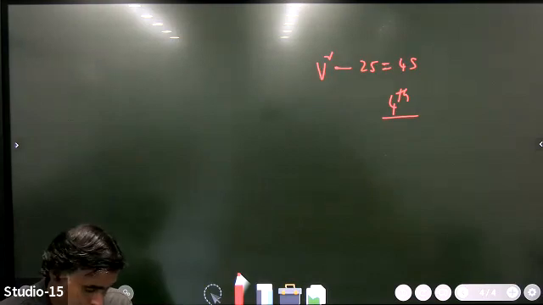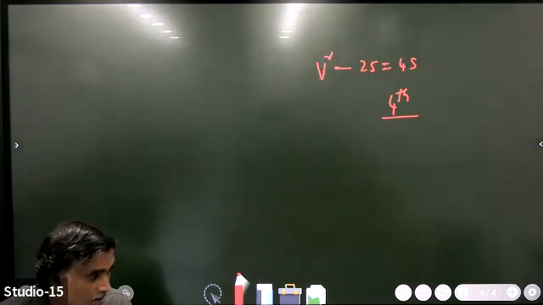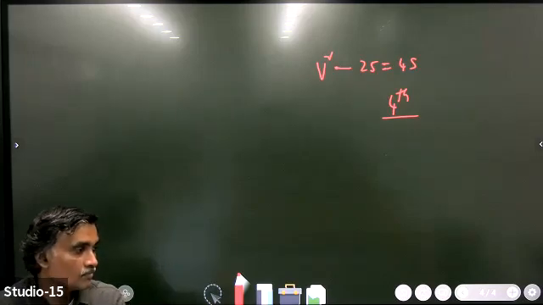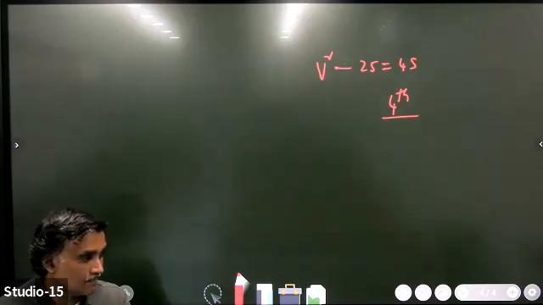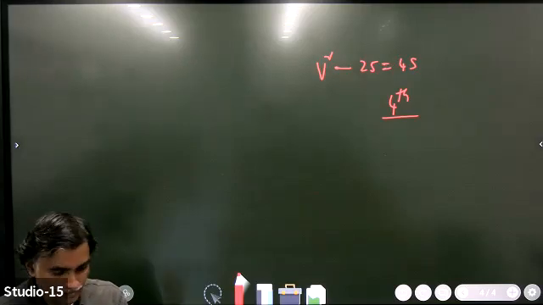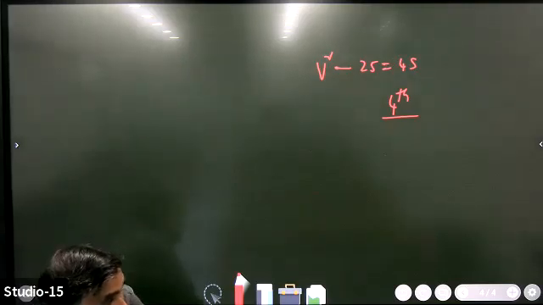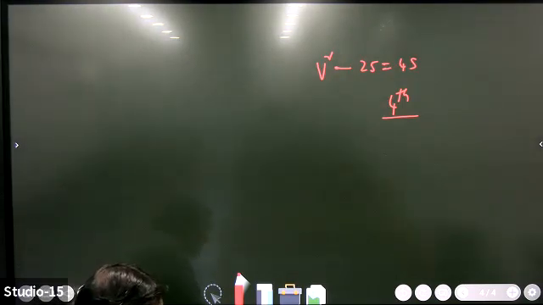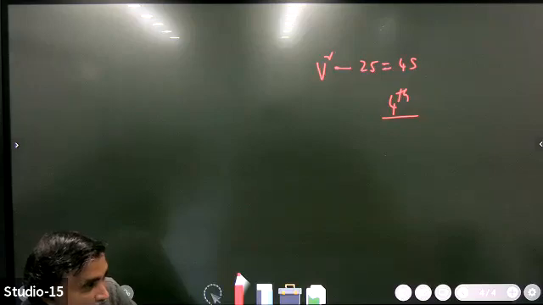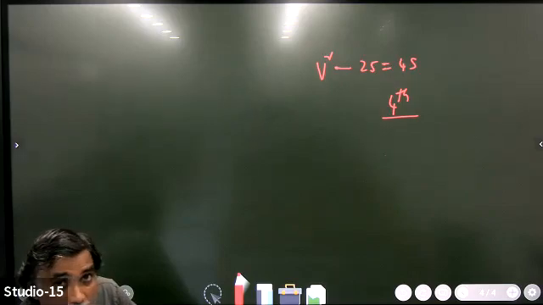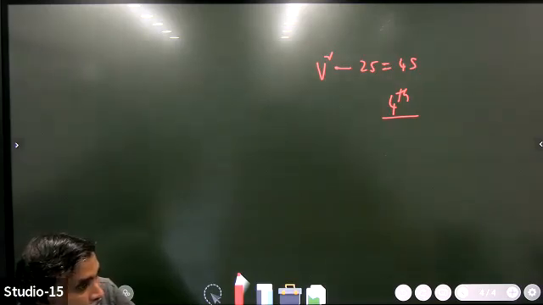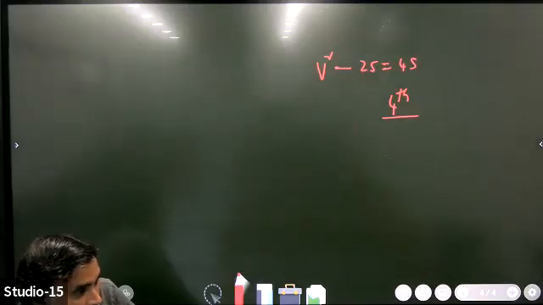From kinematics, one dimension. 12 meters, sir. 12 meters, yes sir. 12 meters, okay. Others also need to try, all of you. Twelve is correct.